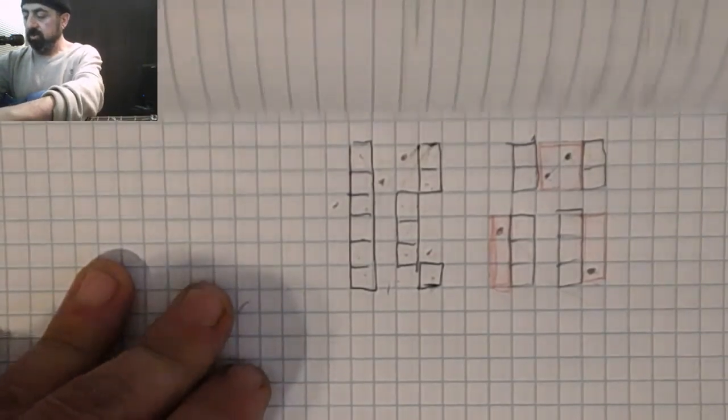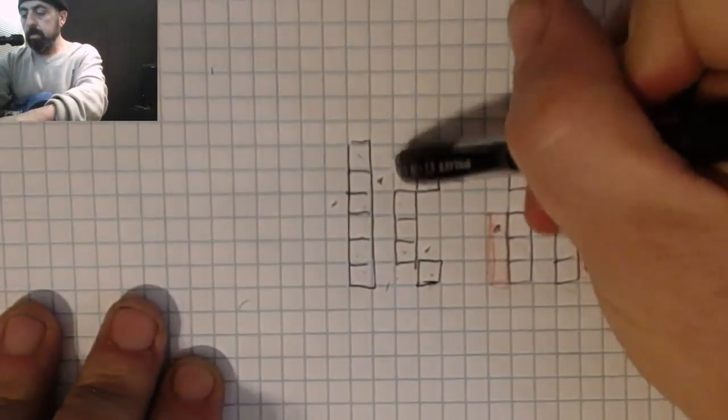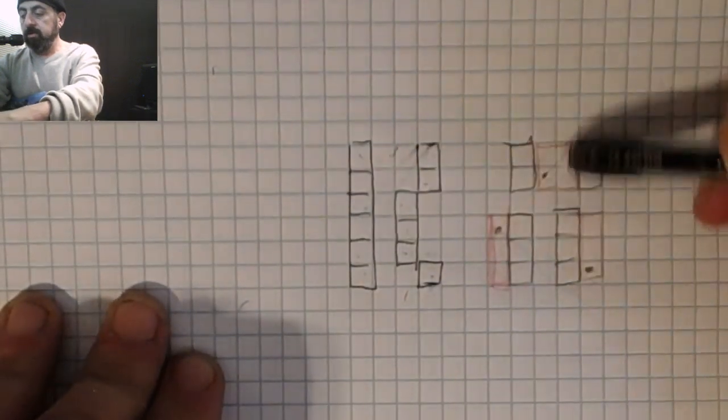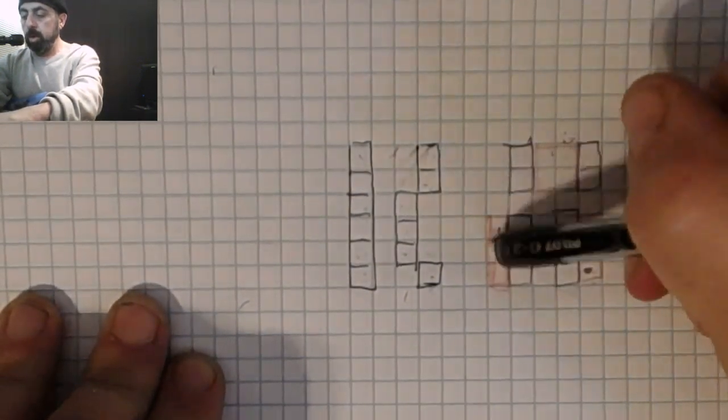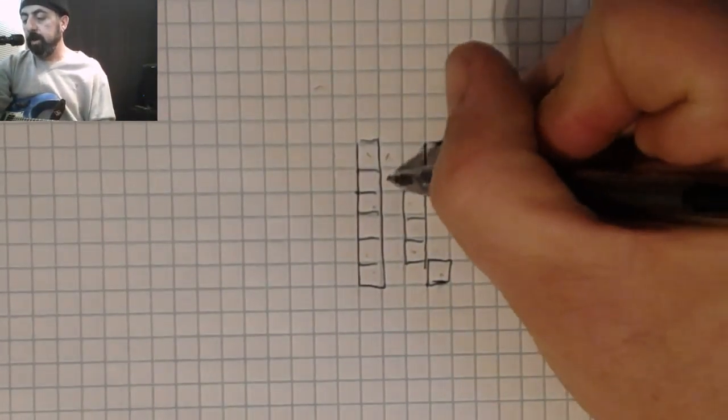Just to show you quick here. All right, let's turn this into Batman. No, let's turn this into Phrygian. Phrygian is darker, so we would be on this side.